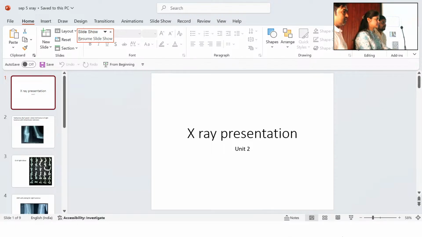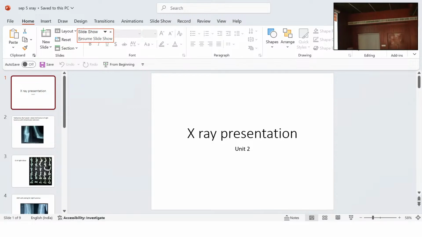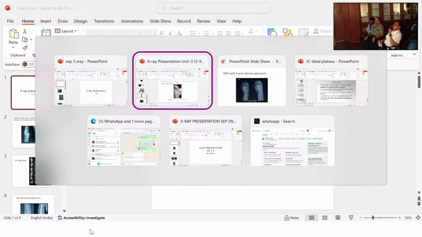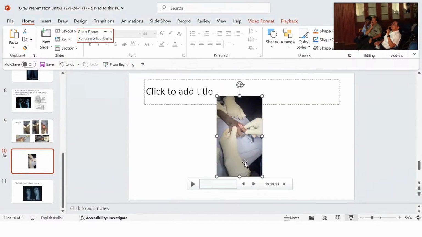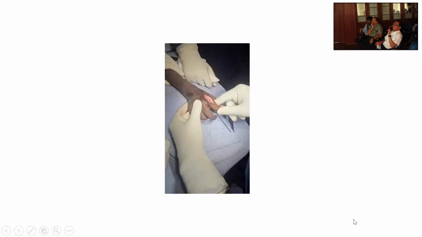That means you don't know how to do a proper PowerPoint presentation. Able to play, sir. Why we play it again? Without full screen. Can you play with full screen? Put full screen. Not plain. Go on. Play.